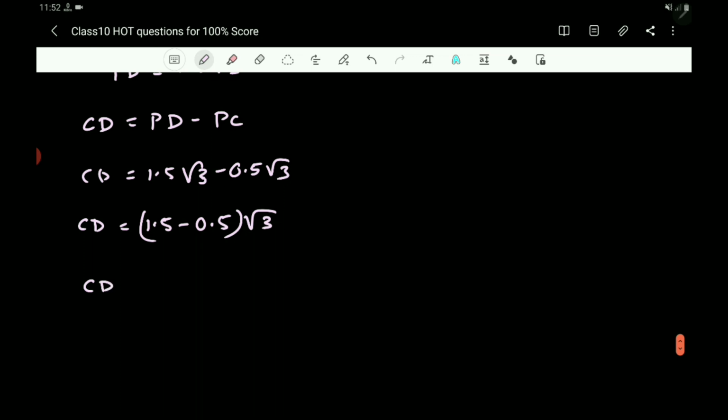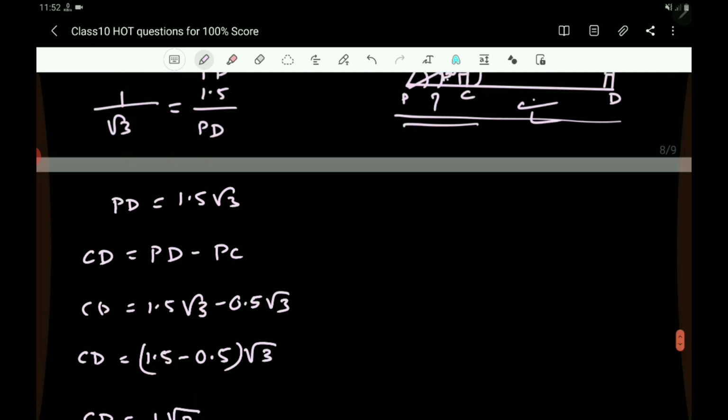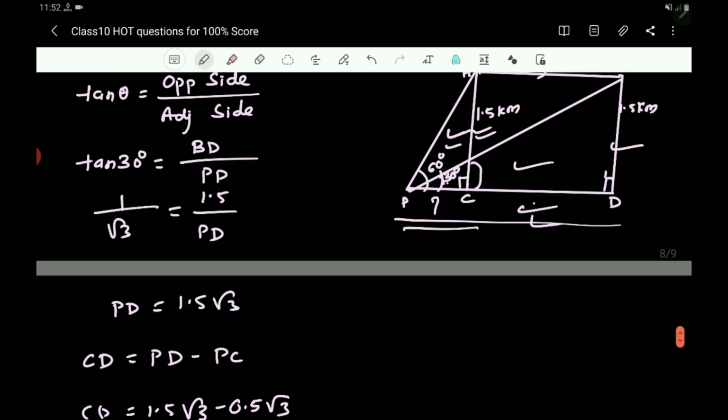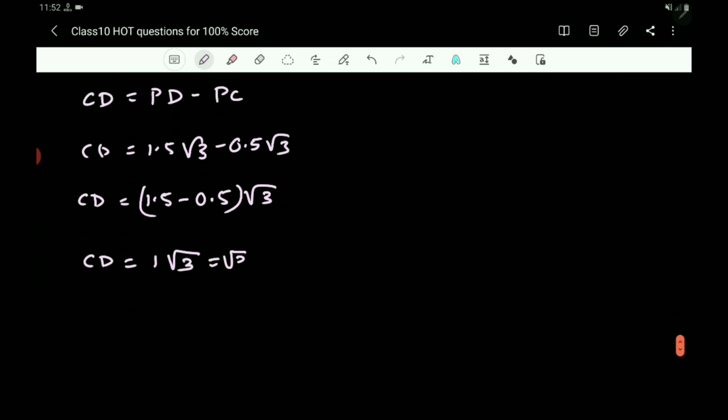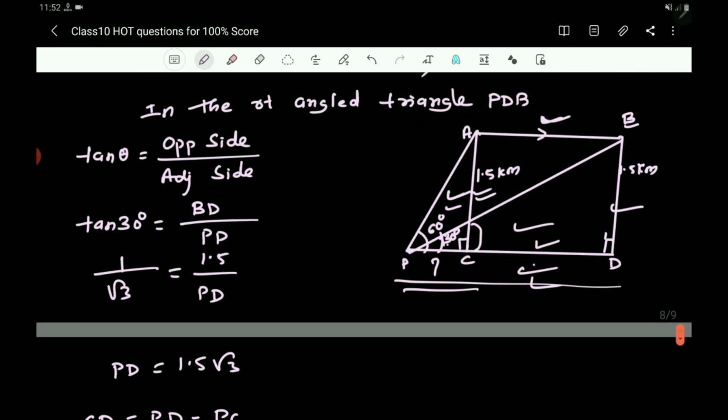So CD equals 1.5 minus 0.5, which is 1, root 3 you got. So CD equals how much? CD equals 1 root 3, that is nothing but root 3. Then here you got the distance traveled by the aeroplane, that is the distance between A and B.